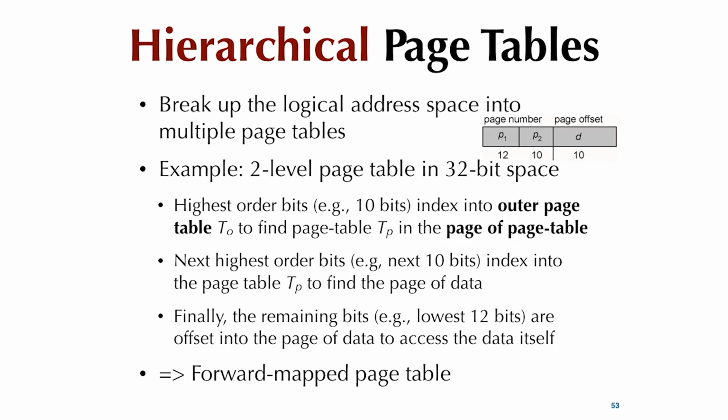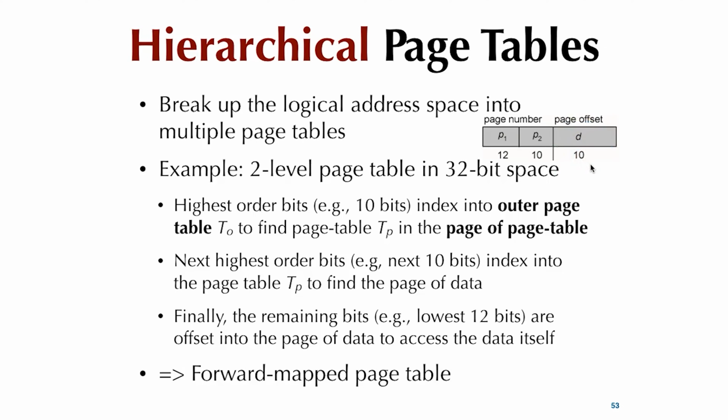So 12 is for 4K, and then 10 is for 1K, because the inner page table size is limited to how many entries you can store in a page, right? So we have 4K divided by 4 bytes per entry. We have 1K, so that's why the inner page table is 10 bits.